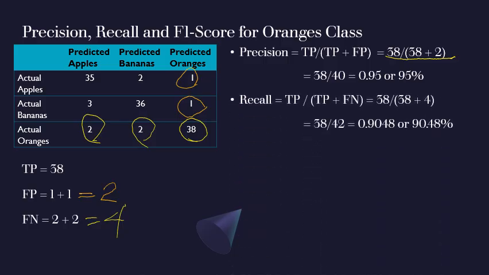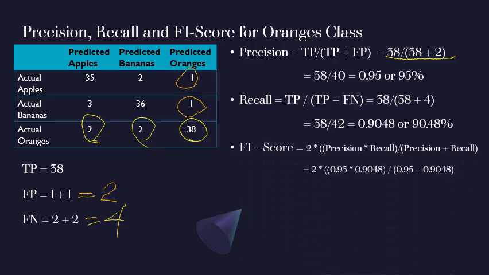Then let's take a look at the performance in terms of recall. So we will get an approximate value of 0.9048. And for the F1 score, we will have a value of approximately 0.9272 or 92.72%.